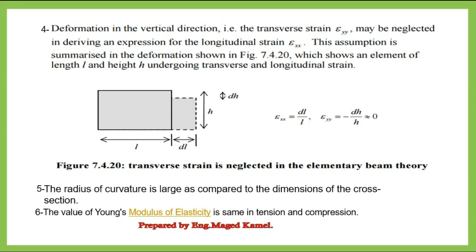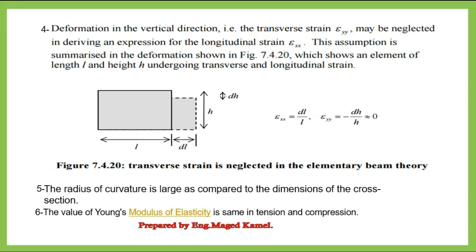Number 4, the deformation in the vertical direction, i.e. the transverse strain, epsilon yy, may be neglected in deriving an expression for the longitudinal strain. When we have a bending moment, there will be extension in the lower chord accompanied by compression in the upper chord. For the extension in the longitudinal direction, there will always be a compression, or transverse strain.